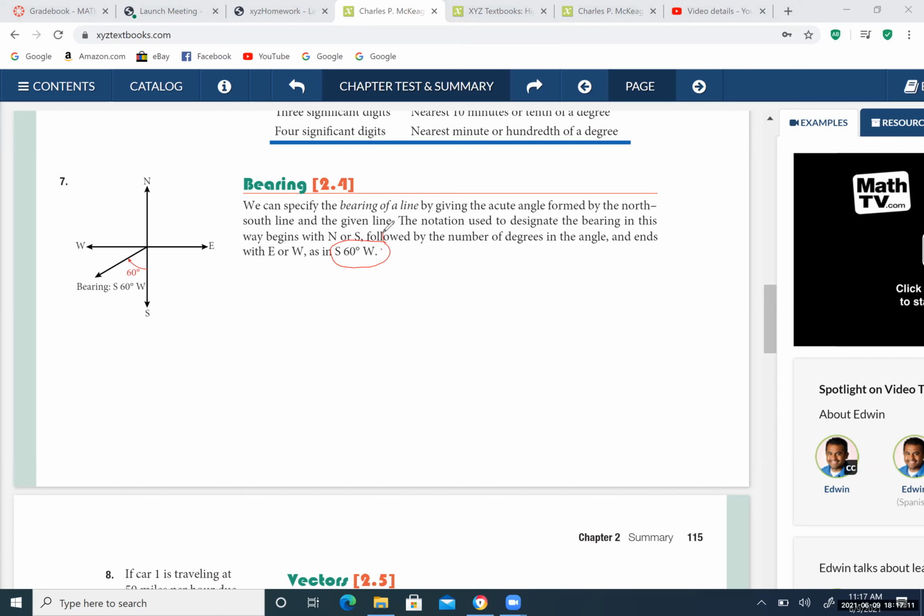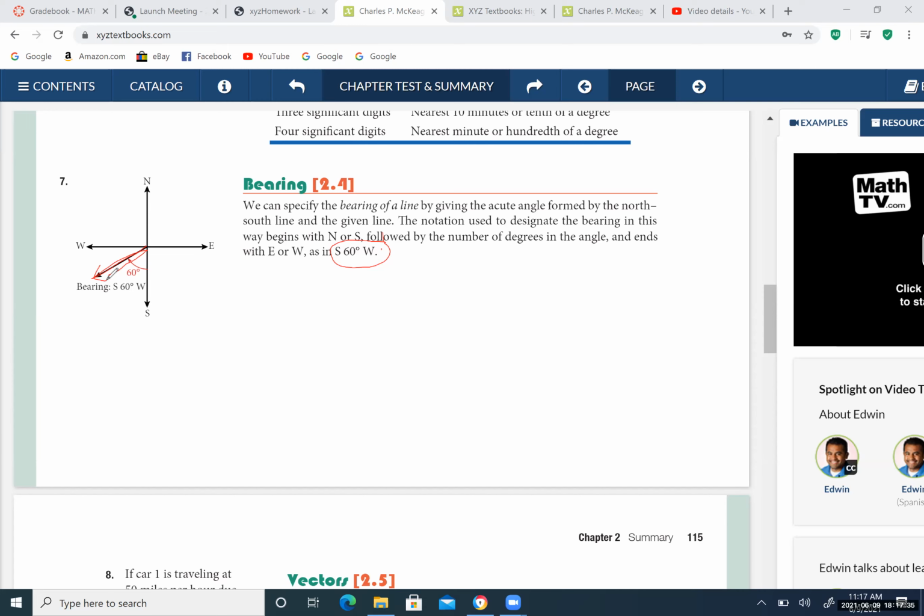They want you to see where the given line that you estimate is. So we need to write north or south first, right? And then next will be the degrees that we estimate, and then the direction of west or east.